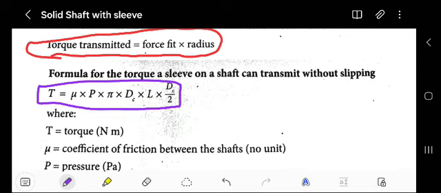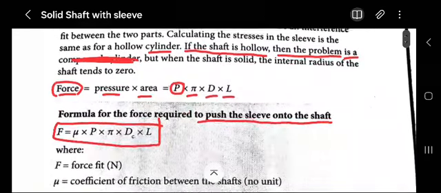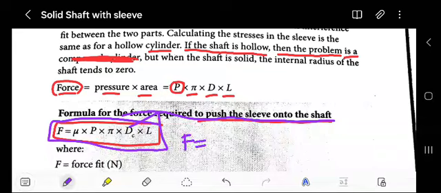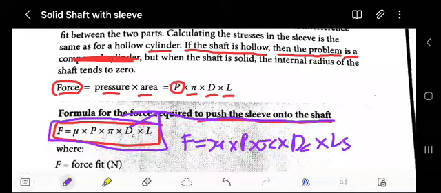The force required to push the sleeve into the shaft is F equals coefficient of friction multiplied by pressure, multiplied by pi, multiplied by common diameter, multiplied by the length of the sleeve. So I've talked about this, guys.